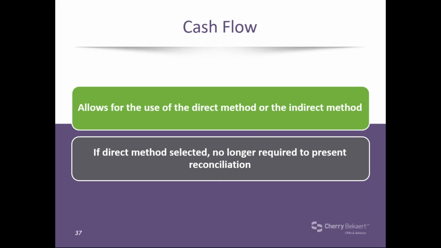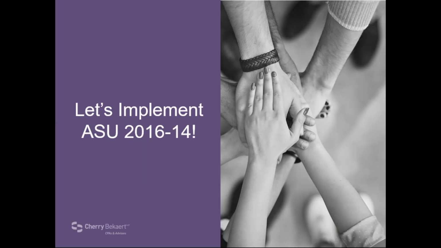But one thing to remember, if you use the direct method, you're no longer required to present cash flows provided by operating activities using the indirect method of reporting. In the past, we've been required to add this to kind of reconcile to the first part of your direct method cash flow statement. So one thing we don't have to do.